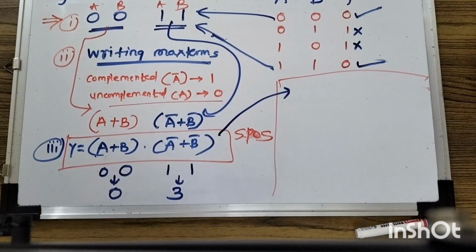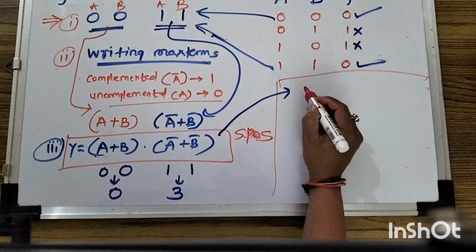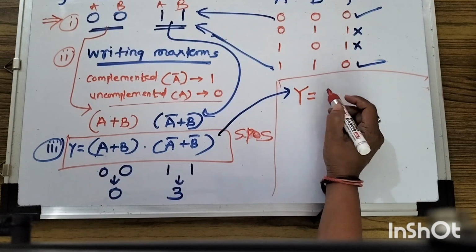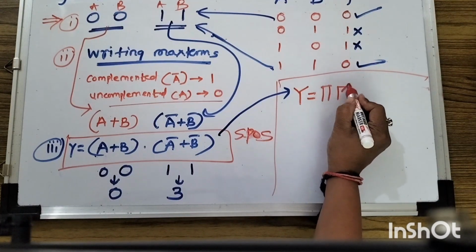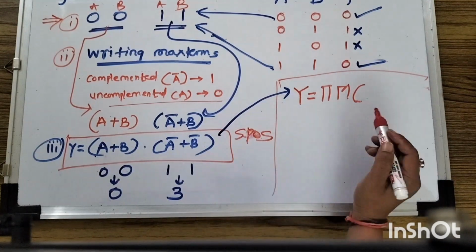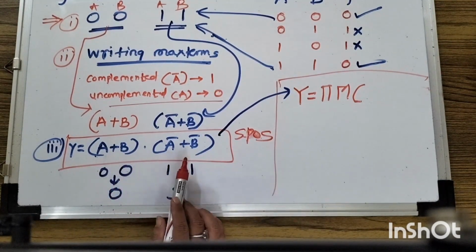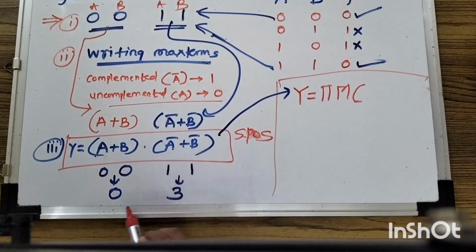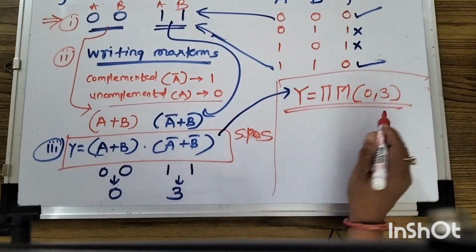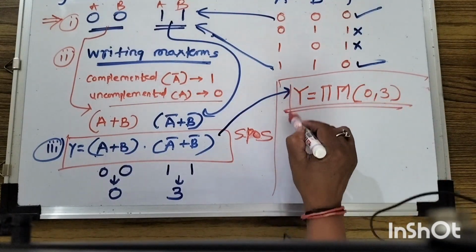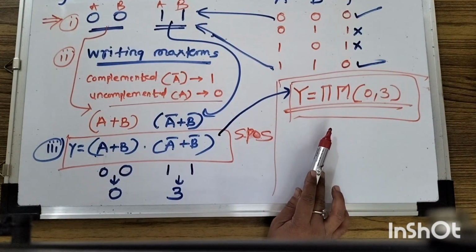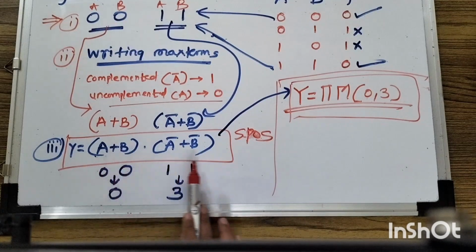Writing in max term form means y is equal to pi capital M, and in brackets the decimal equivalents of those max terms, always in ascending order, that is 0 and 3. So this is my max term form from this logical expression.